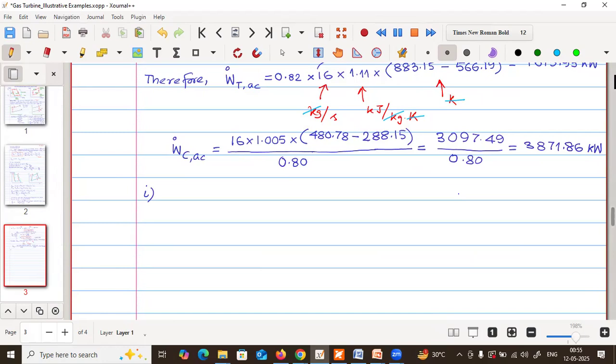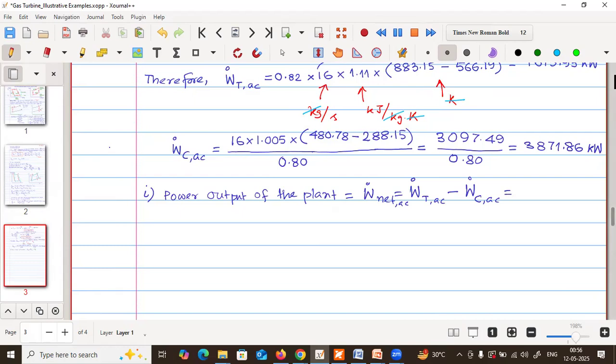So the power output of the plant, that is net power output, is equal to W dot T actual minus W dot C actual.